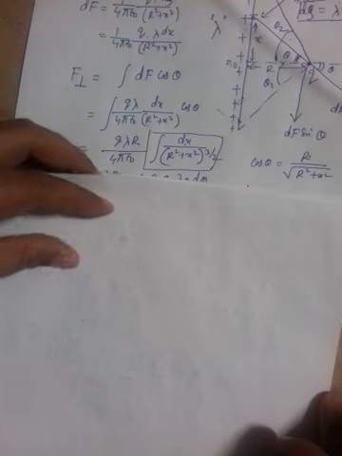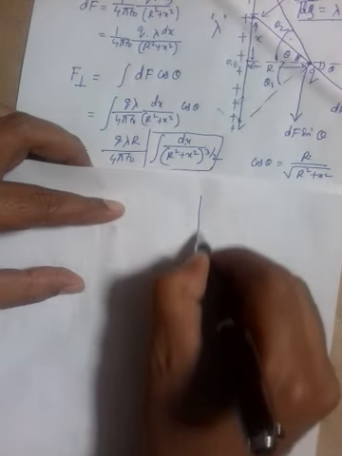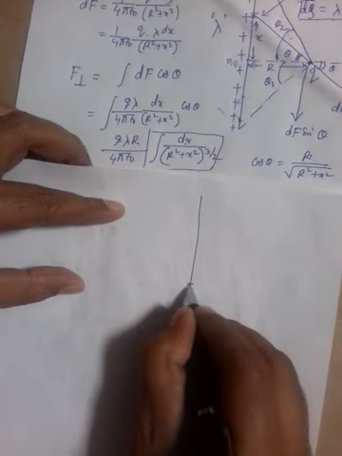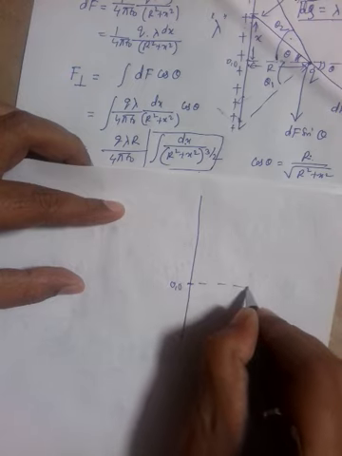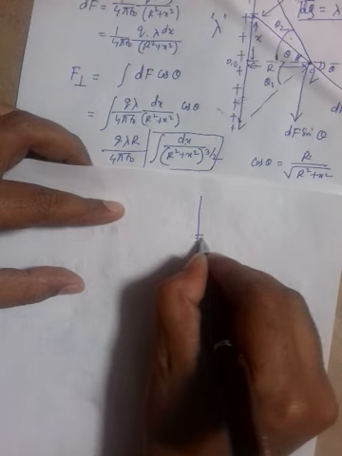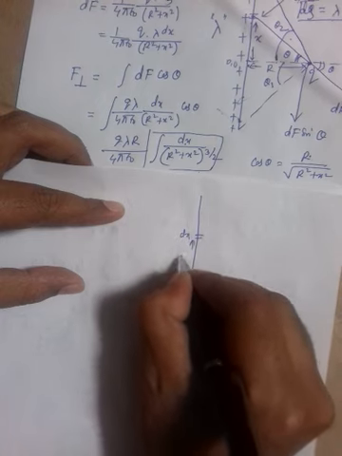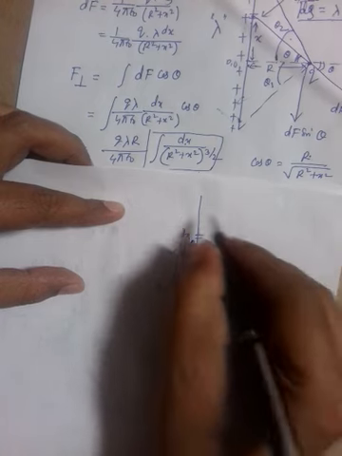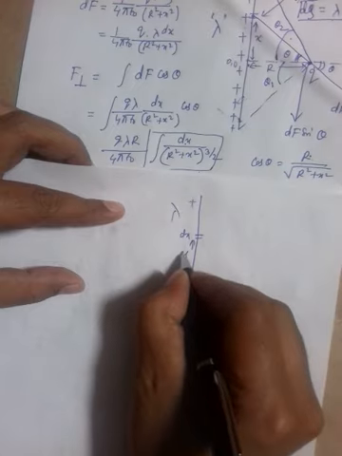If you look at the other part, I am drawing it separately. Same rod, same origin, same point source at r distance, same dx portion at x distance. It is carrying the same charge, actually the same rod drawn.